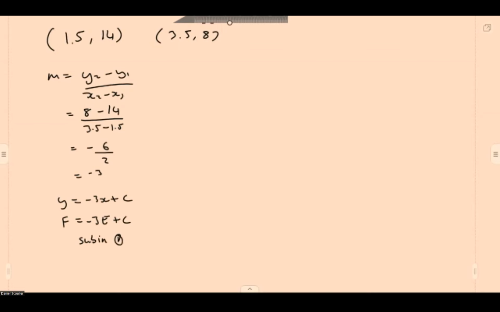Sub in a coordinate. Our F coordinate is a Y value.